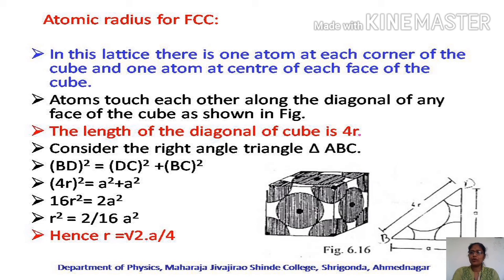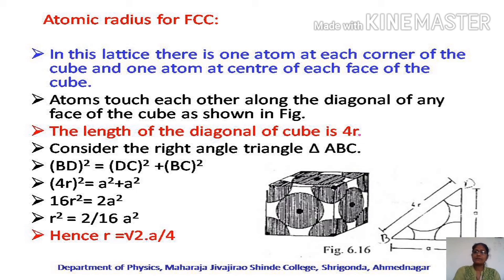Substituting values, we obtain 16R square is equal to 2 into A square, that is R square is equal to 2 upon 16 into A square. Hence, R is equal to root 2 into A by 4. What is the value of atomic radius for FCC? It comes out as root 2 by 4 into A.